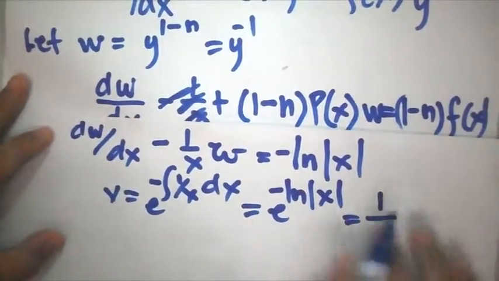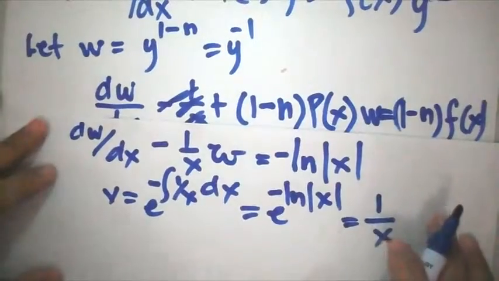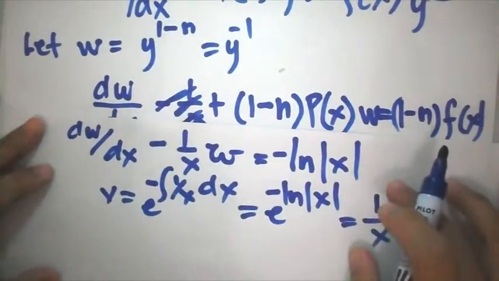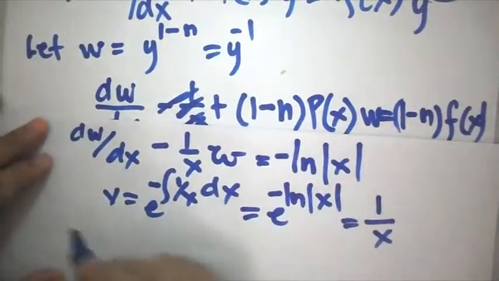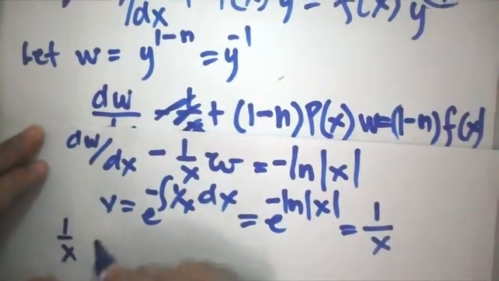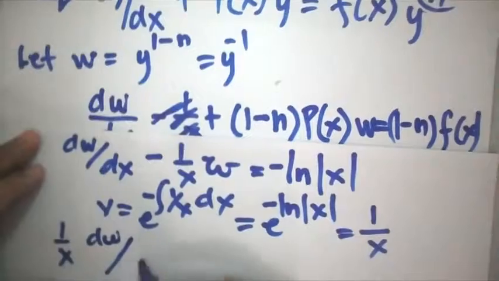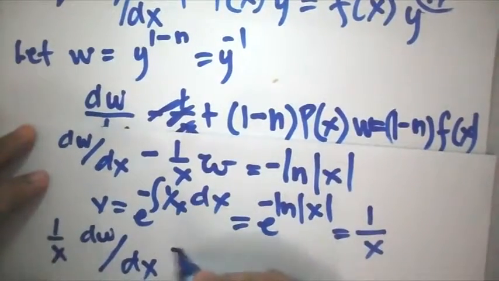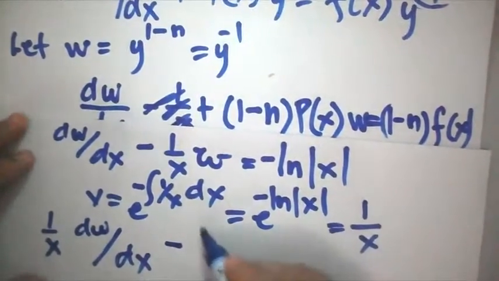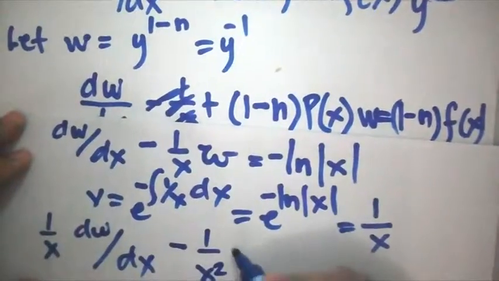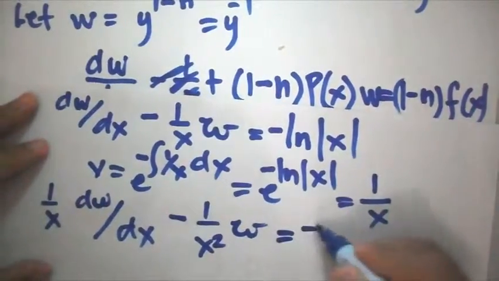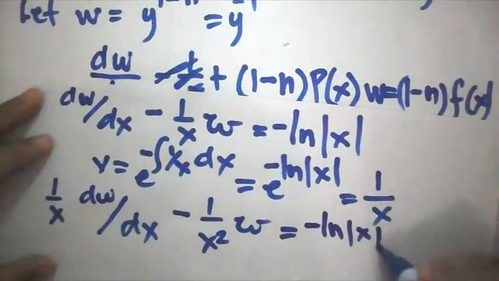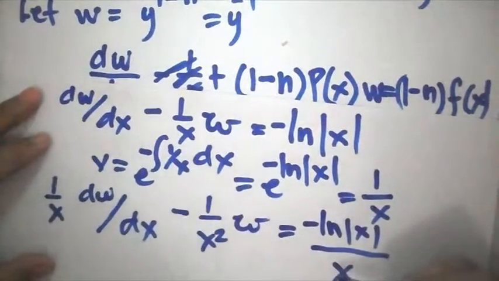Now this is the integrating factor, and next we multiply both sides of this equation by the integrating factor. So it becomes 1 over x dw/dx minus 1 over x squared w is equal to negative ln x over x.